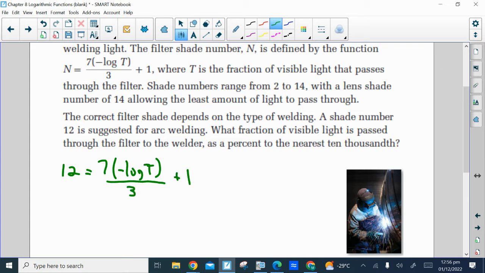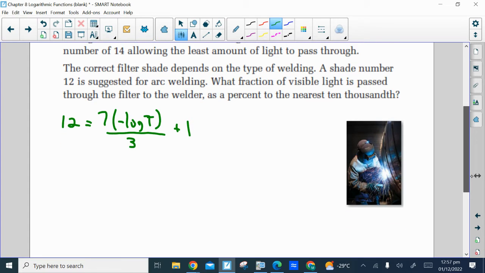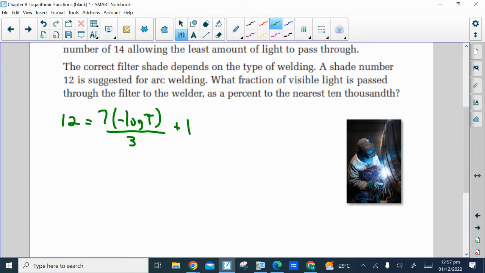So we're going to solve for T. And before we can do that, we need to get the log of T by itself. So I'll subtract the 1 on the right from both sides. So that'll give us 11 on the left equals 7 times negative log T all over 3.